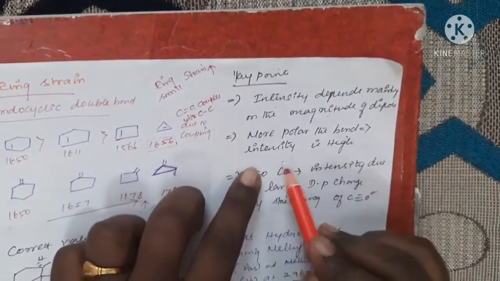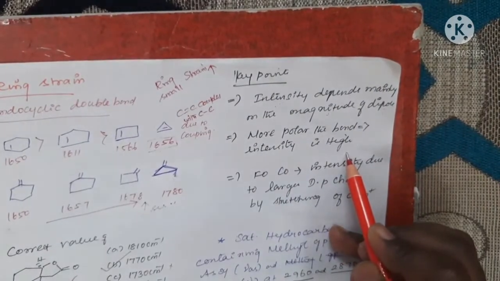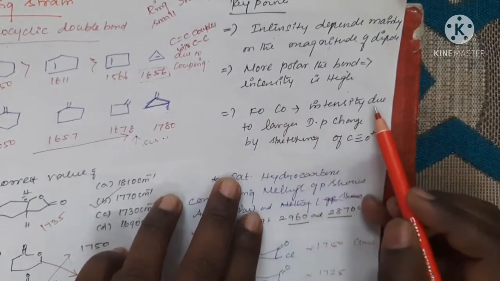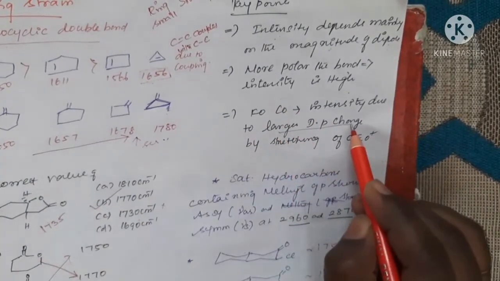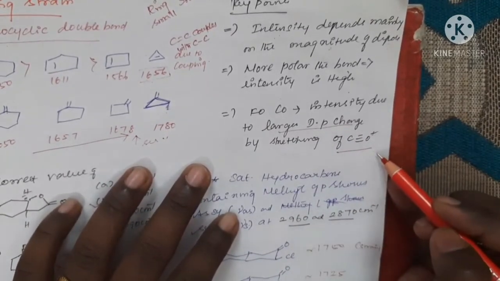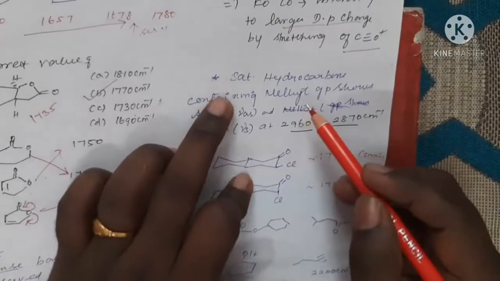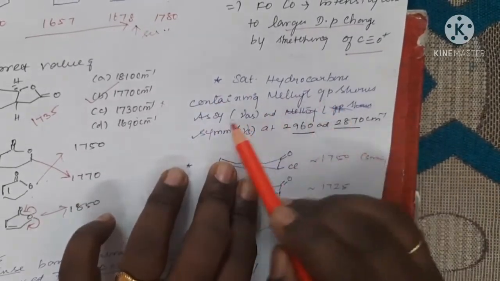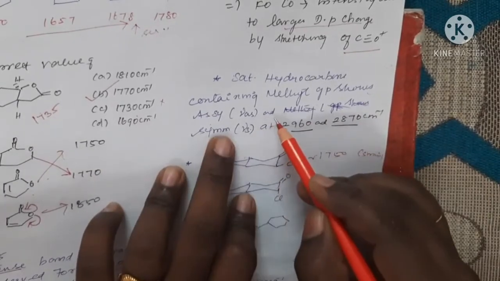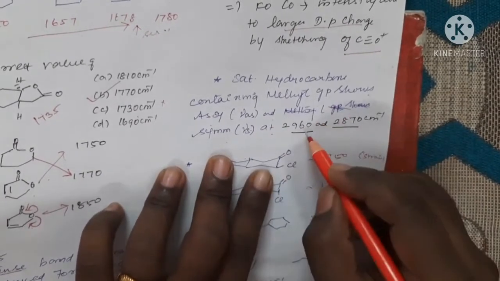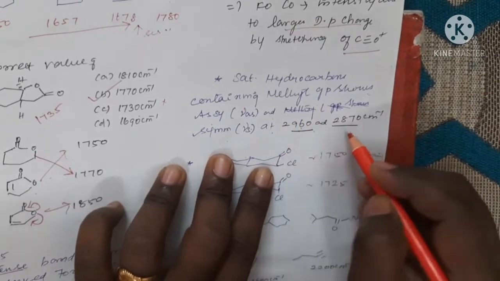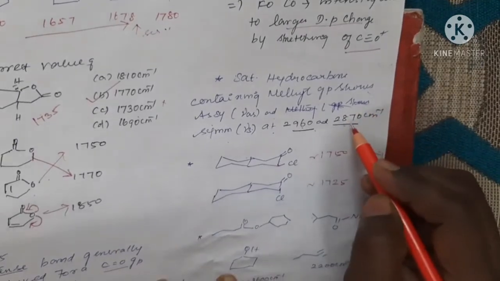The more polar the bonds, the higher the intensity. For the carbonyl group, intensity is large due to the dipole change of C double bond O, the answer we arrived at. Then another question: saturated hydrocarbons containing methyl groups show asymmetric and symmetric stretching at what values? The answers: asymmetric stretching at 2960 and symmetric stretching observed at 2870.